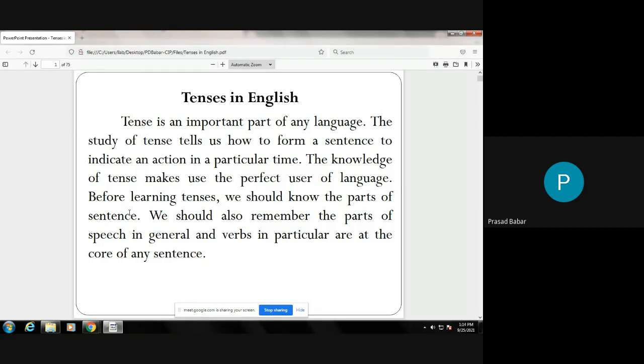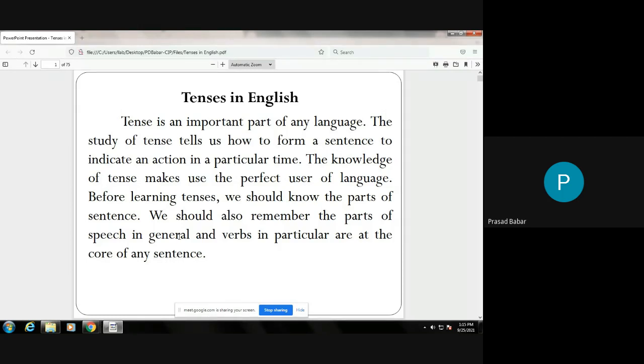Okay, so that is why it is very important to know the tenses and its structures. So the knowledge of tense makes us the perfect user of language.